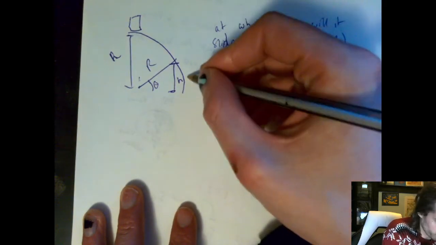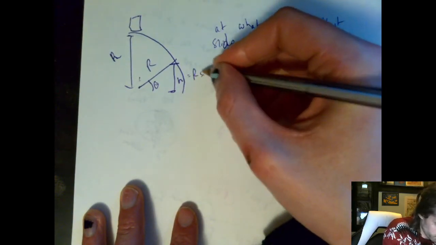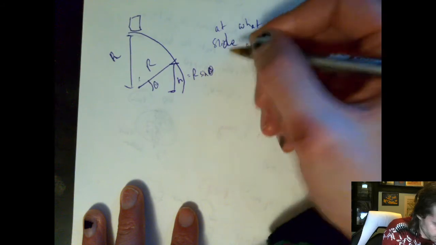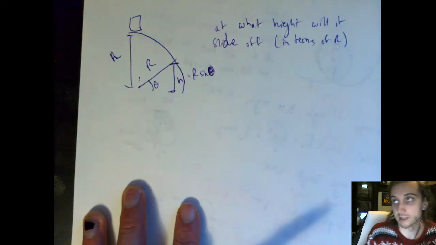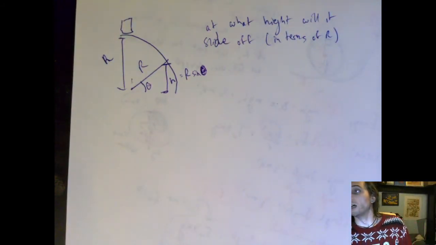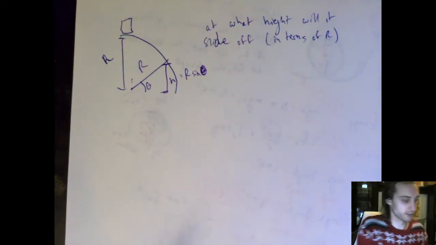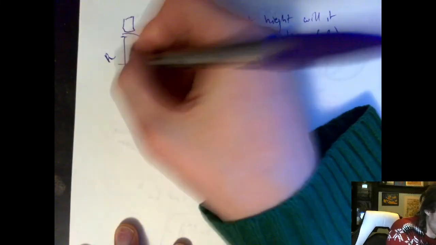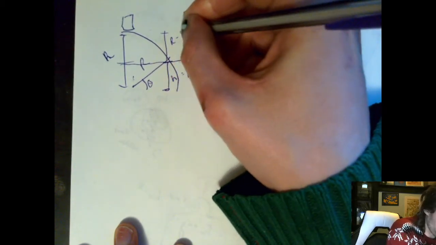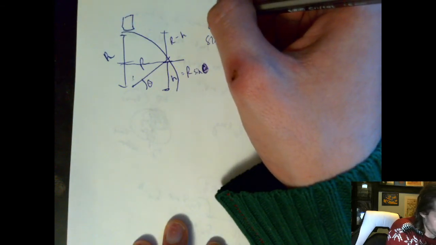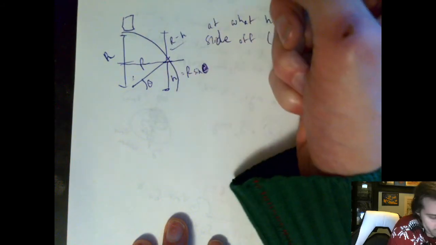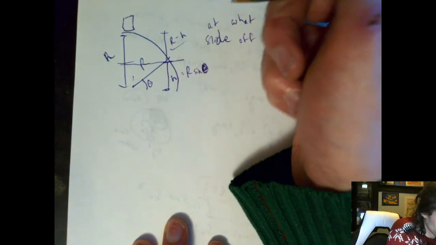So in particular, h is equal to r times the sine of theta, and that will come up eventually. And secondarily from that, we've got this height, which is r minus h, which you can use as a shortcut or you cannot use.